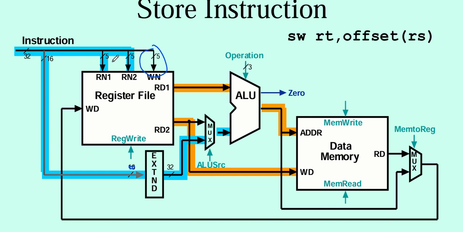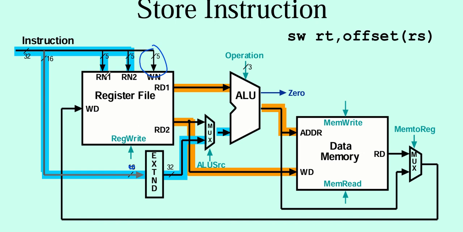So we'll specify two addresses, right? One for the base address, one for the, should I say, destination address, right? Now we'll use that base address plus the 16-bit field sign extended to a 32-bit field, right?